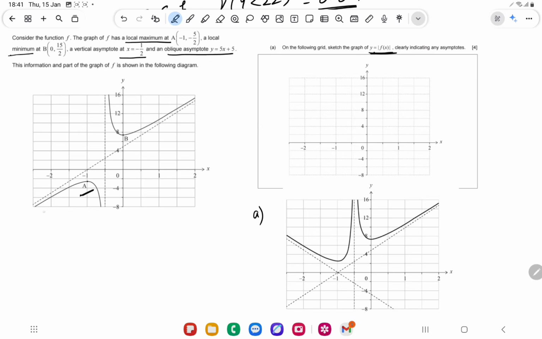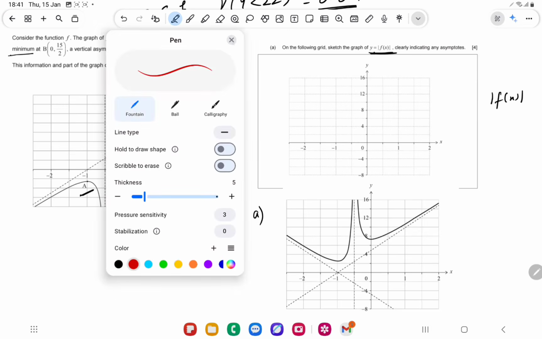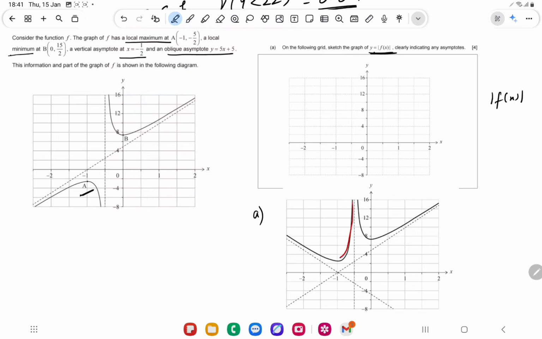We cannot draw anything with negative x or negative y because we are talking about modulus f(x). So in our graph everything has to be positive. That's why you can see the graph has been drawn this way.